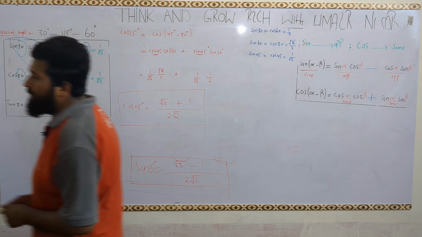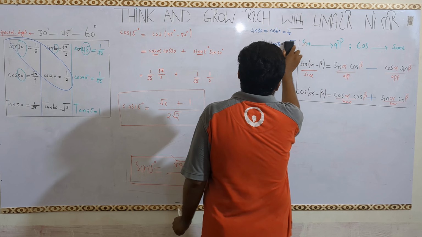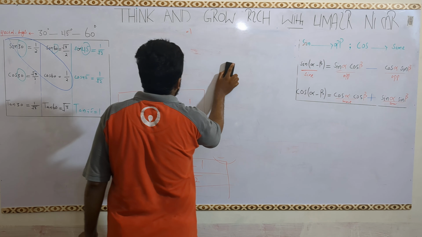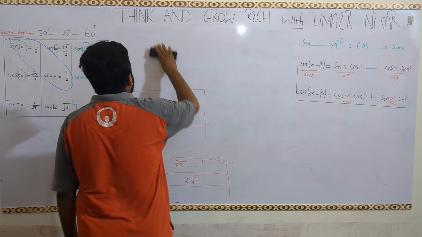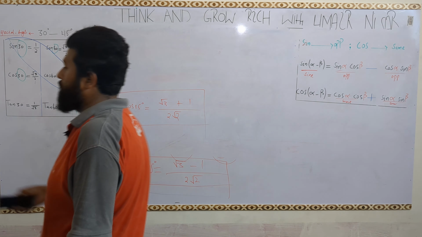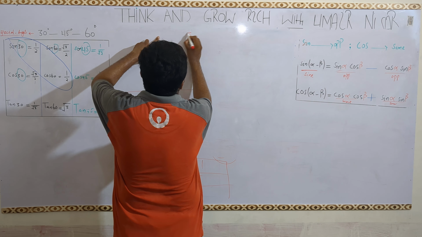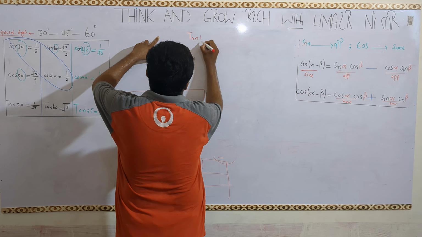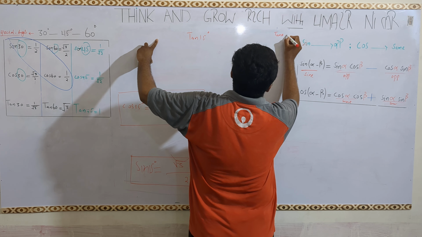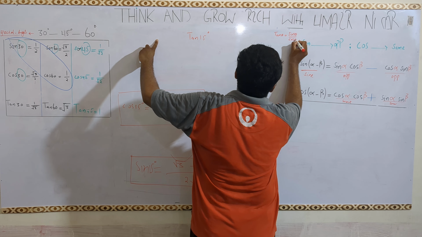Now we will calculate tan 15 degrees. You have learned the formula: tan theta is equal to sin theta over cos theta.